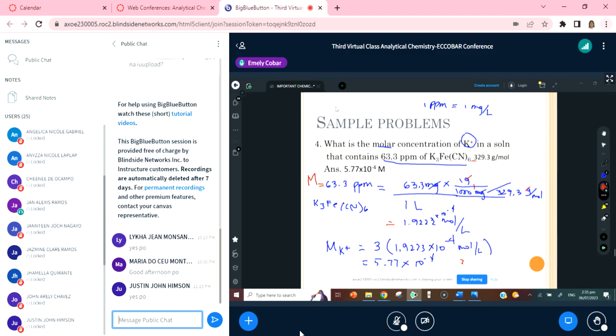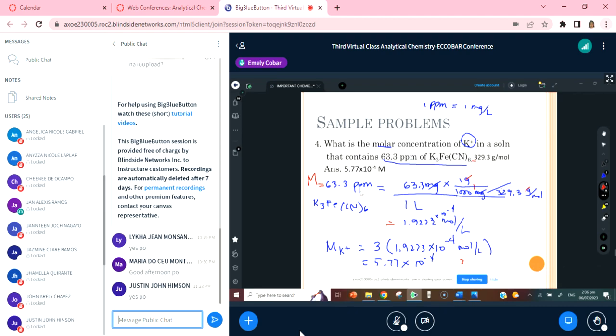Next, ano pang sabi? That if you have a dilute solution that has a density of 1 gram per ml, 1 ppm is 1 milligram per liter. Now, if I have 63.3 ppm, ano ang ibig sabihin nun?